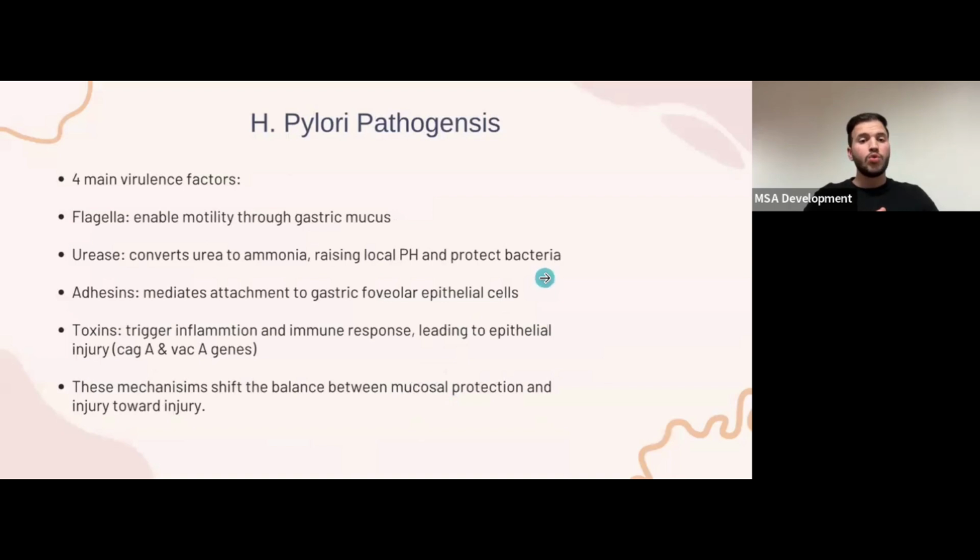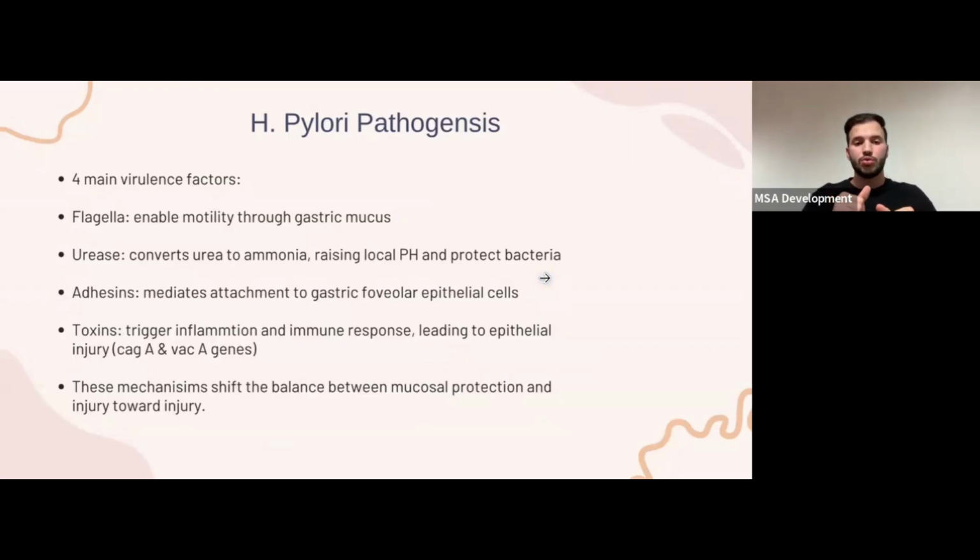Now, how does H. pylori cause the complications that we'll be talking about later on? It has four main virulence factors. The first is flagella, which enables motility through gastric mucus. Then we have urease, which converts the urea to ammonia, raising the local pH and alkalizing the gastric environment.